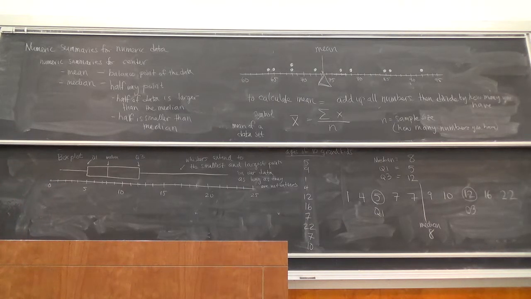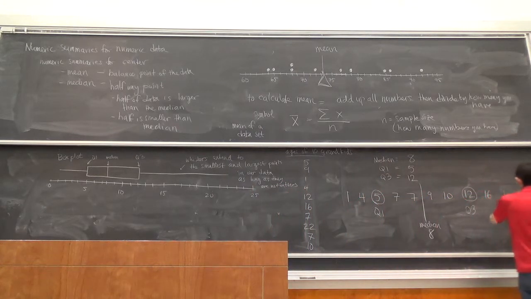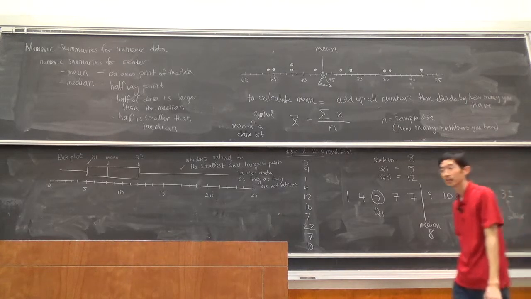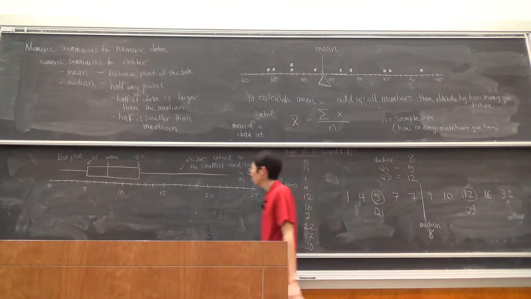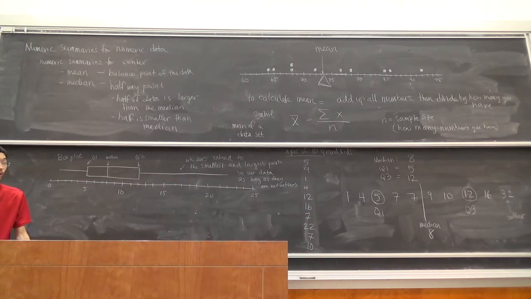Basically, if we have a large number, let's say the last number was not 22 but was 32, and I told you that 32 is an outlier for our data set. Well, in this case, how far would my whisker go?